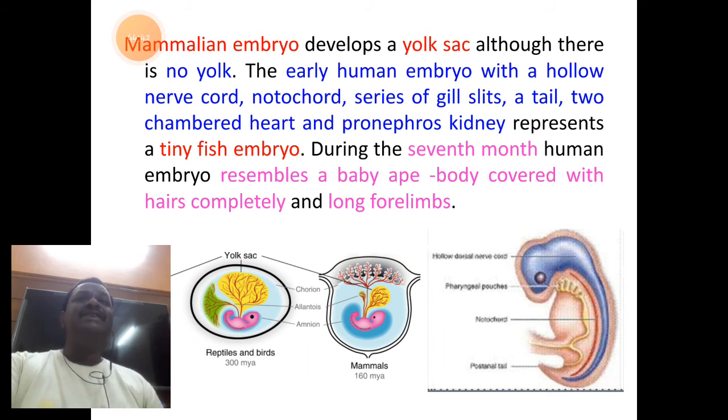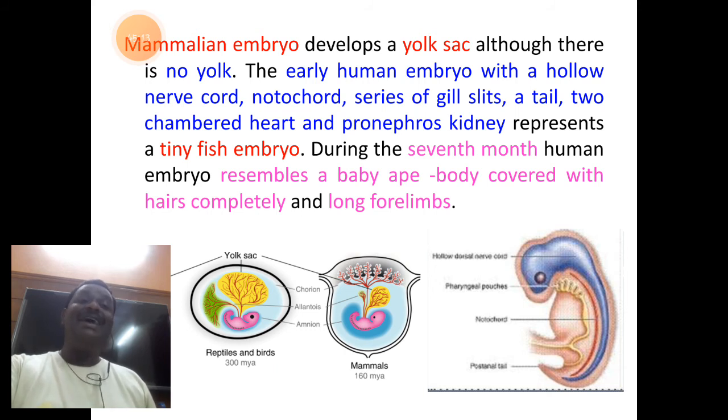Similarly, the 7-month human embryo resembles a baby ape, with the body fully covered with hair and having long forelimbs. Down in the picture, the yolk sac is present in mammals, which is a character of reptiles and birds. And we do have the presence of a body covered with hair and long forelimbs, which is a character of chimpanzees.